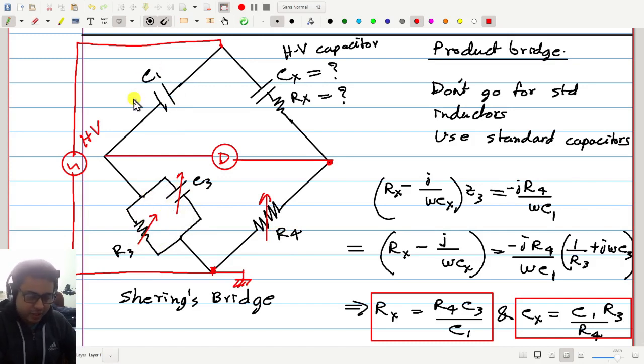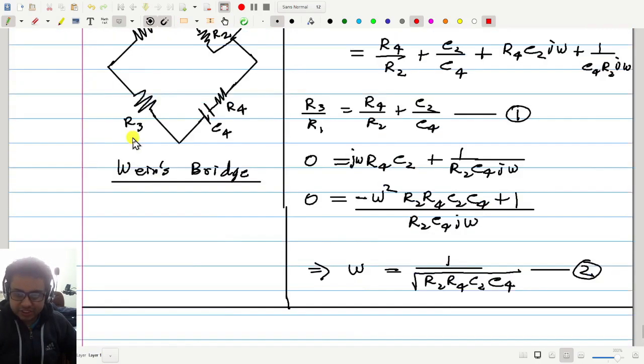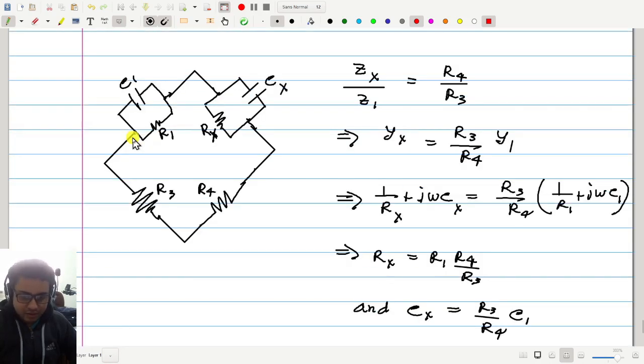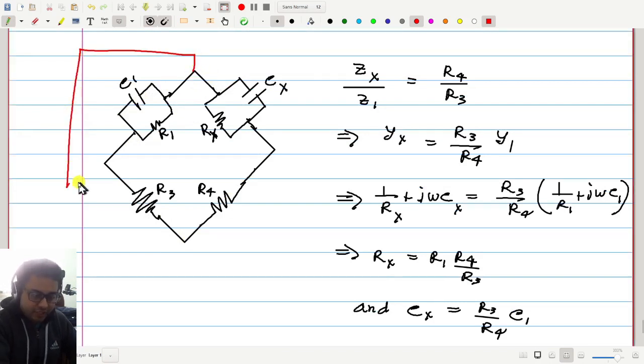But if I had designed a bridge where this side is also variable, suppose I go for this bridge and apply the high voltage here, then I definitely have to control this arm.